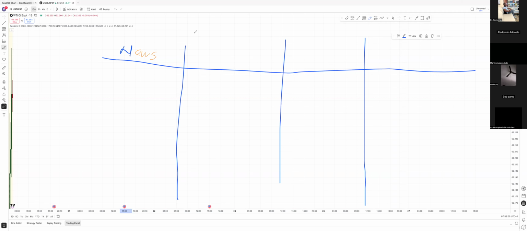Now, this news, we want to study GBP USD as a case study, right? Remember that GBP USD is made up of two different countries' currencies. We have GBP here, and we have USD here. Then we have GBP USD as a chart, as an instrument here.